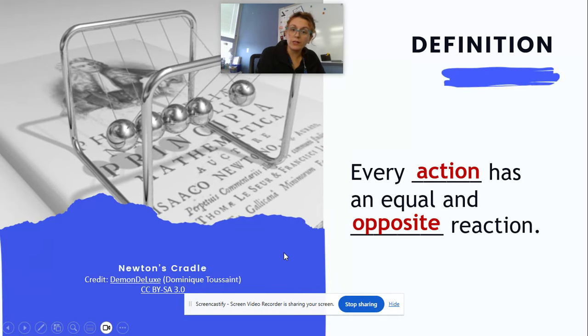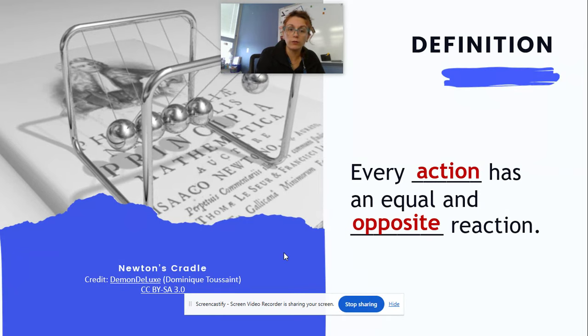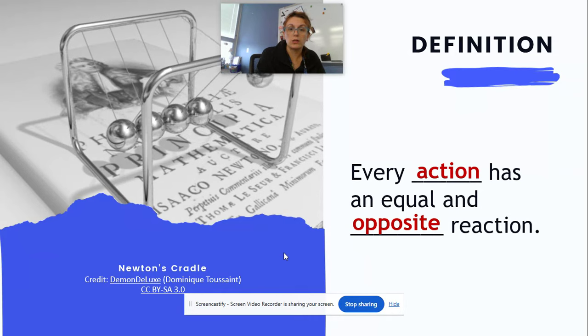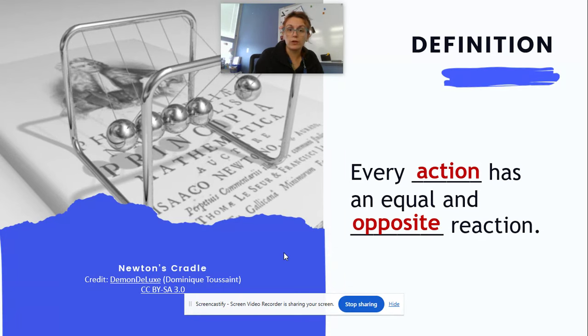Because the first thing is the farthest marble is going to hit the 4 marbles that are next to it. And that's the action. It's putting force onto the marble. Then the second part of that is that energy, or what it's actually called, momentum. The momentum is transferred through the marbles into the last marble, the other marble on the other side.